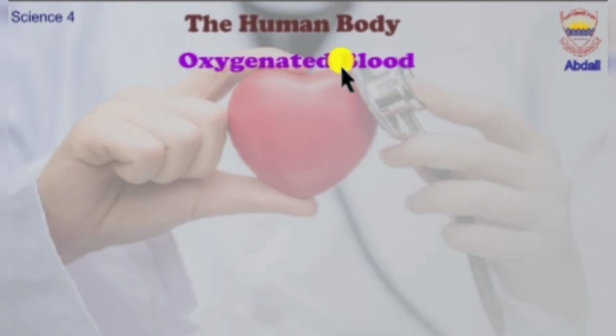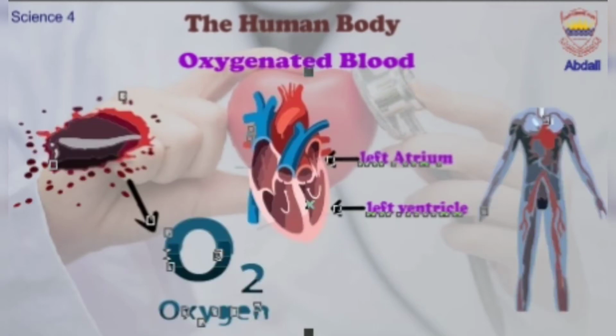Oxygenated blood. Let's learn about oxygenated blood. Blood that is rich with oxygen flows from the left atrium into the left ventricle and then around the body.